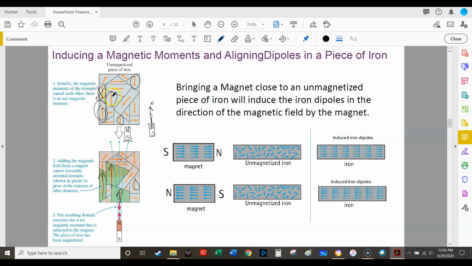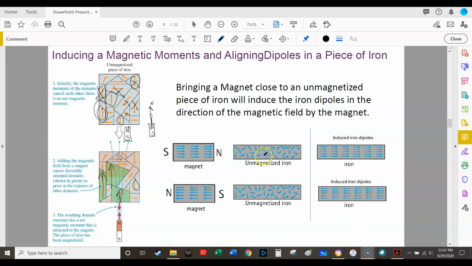And even though it doesn't show it, this piece right here is also going to be squeezing this guy down. So this piece is growing and squeezing this piece down and this piece down. All the guys that are aligned in the opposite direction get squeezed down in favor of all the electrons that are already going in that direction, right?